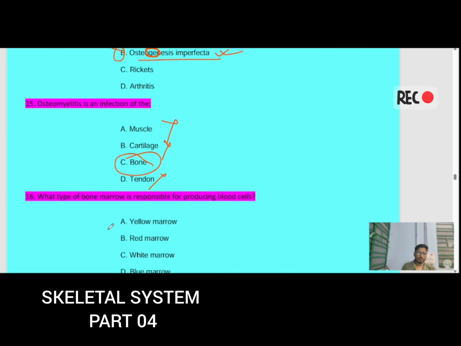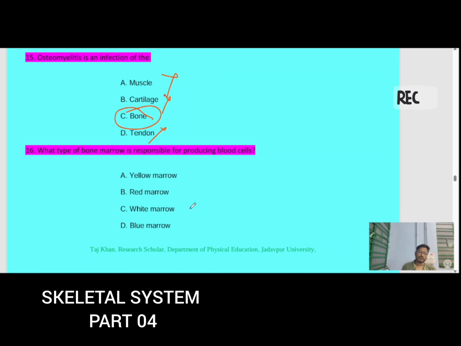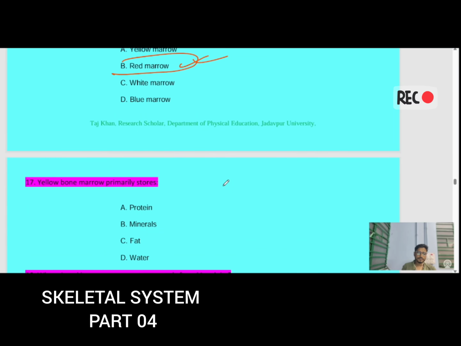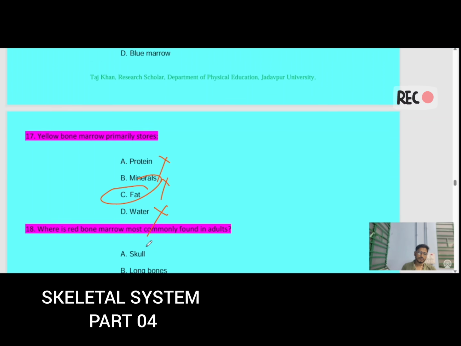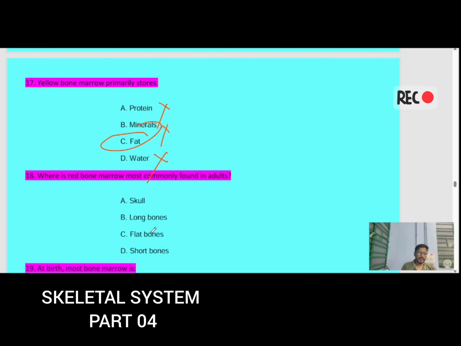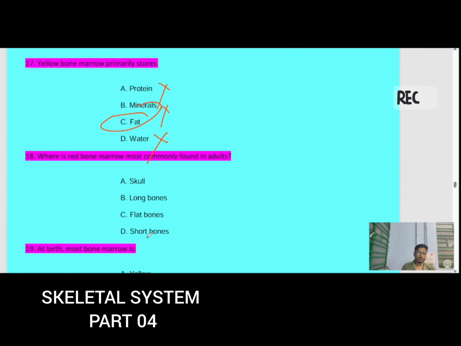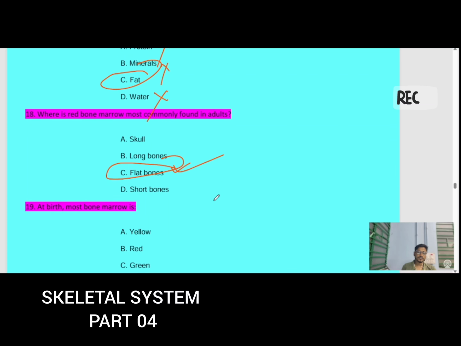What type of bone marrow is responsible for producing blood cells? We studied this earlier, it is a repeat question, okay. Yellow bone marrow primarily stores fat. Where is red bone marrow most commonly found in adults? It is also a long question.